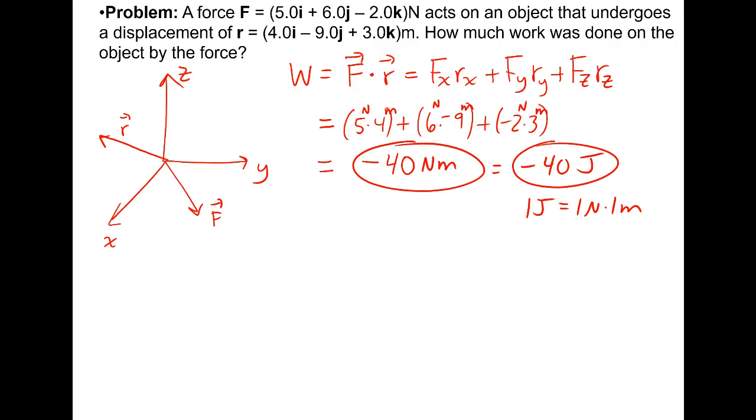If you think about it, positive x for both of them, but a positive y for F, a negative y for R, and then F has a negative z and R has a positive z. So we can kind of think about how this would look.